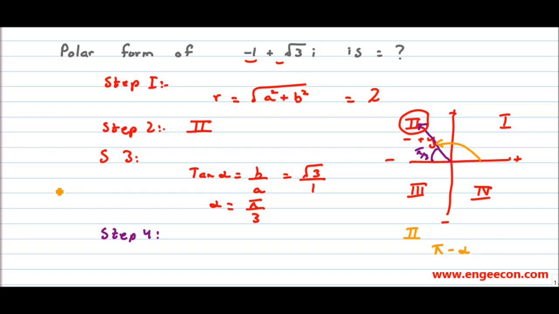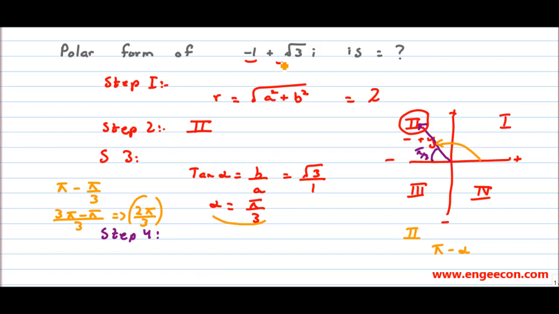So in this case we have pi minus the basic angle pi by 3. Taking LCM, we get 3 pi minus pi by 3. So 3 pi minus pi is equal to 2 pi by 3. So this is our standard angle.